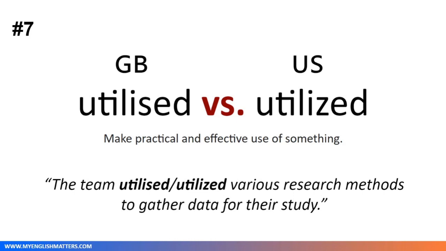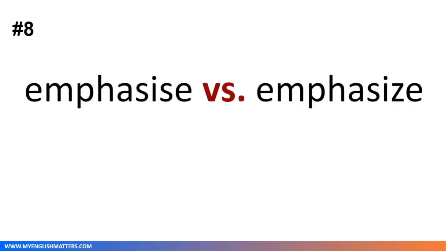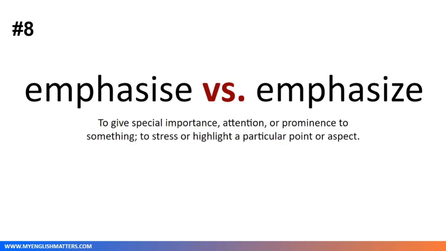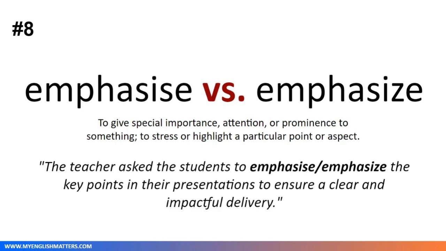Which one do you prefer? S or Z? So this relates to this next word, emphasize. Well, in a way, it relates in terms of spelling. I think you can guess now which one is the British spelling and which one's the American spelling. So emphasize means to give special importance, attention, or prominence to something, to stress or highlight a particular point or aspect.